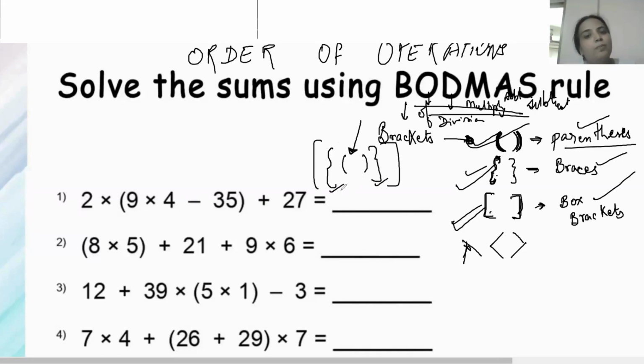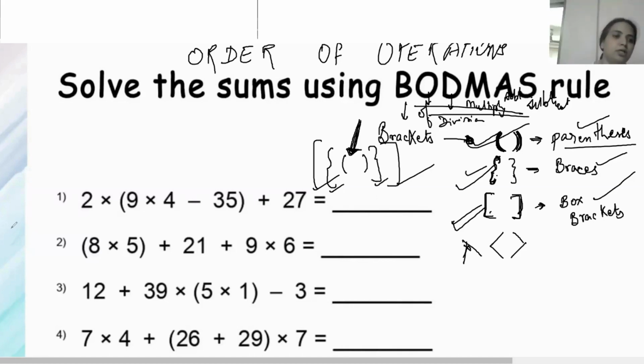Then you go for your braces and then for the box brackets. In brackets, you try to spot the smallest one and start solving it. Clear everyone or not? Order of operations, brackets, clearly identified? Yes, ma'am. Good.